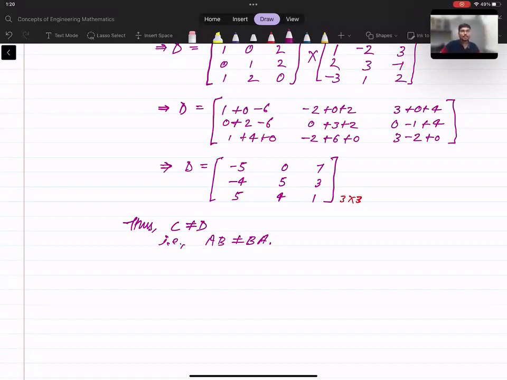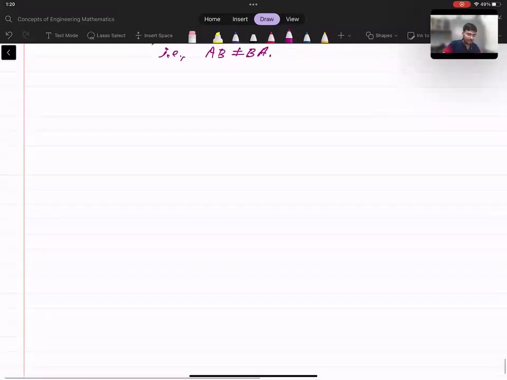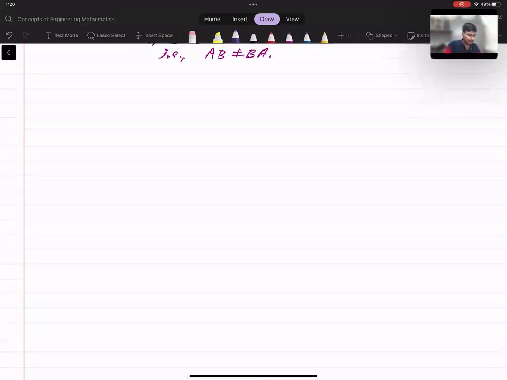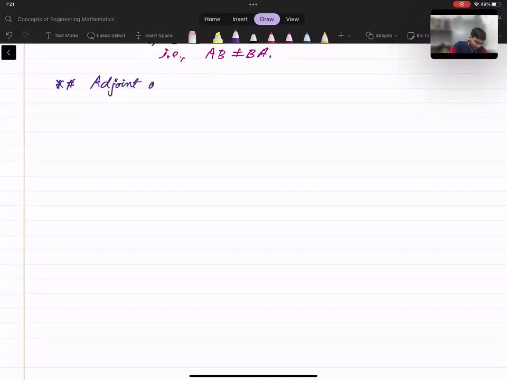Basically, adjoint is something which automatically gets incorporated during finding the inverse of a matrix. So let us see what is adjoint of a matrix.